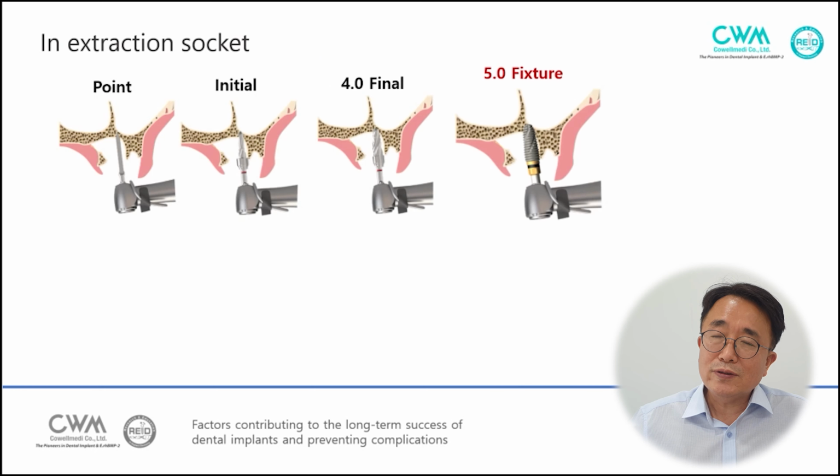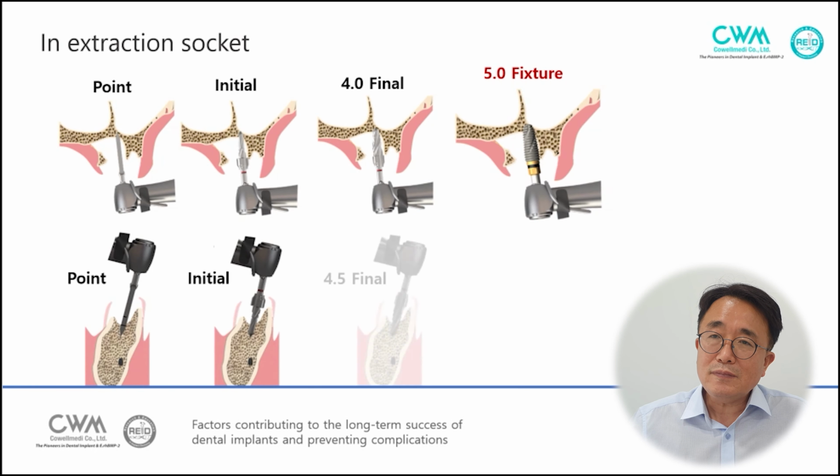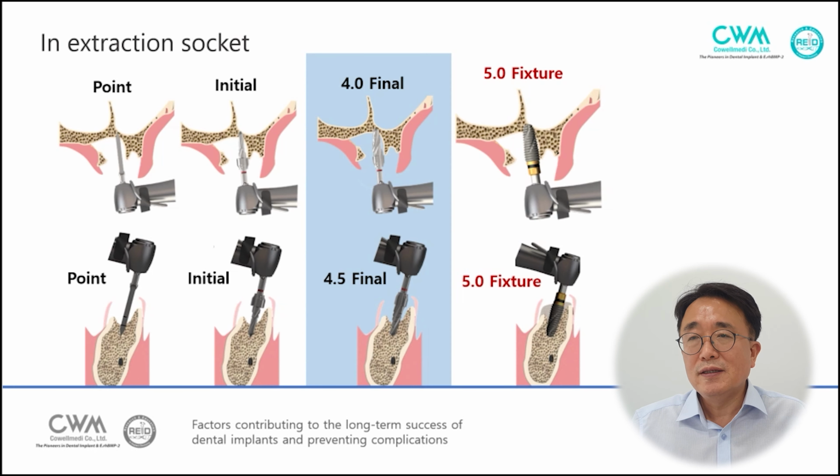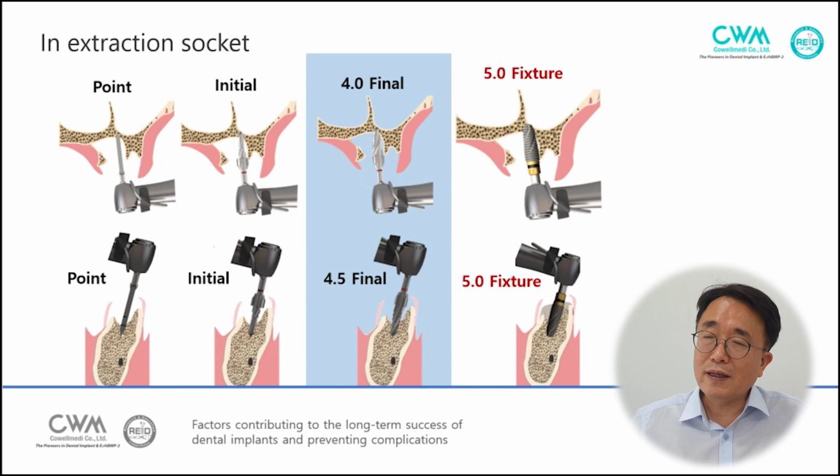In an insertion socket in the maxilla, the remaining bone height is limited to 2 or 3 millimeters. In this case, you have to use compressive implant placement. So a diameter 4 drill is the final drill, and then a diameter 5 fixture is placed into the remaining bone.